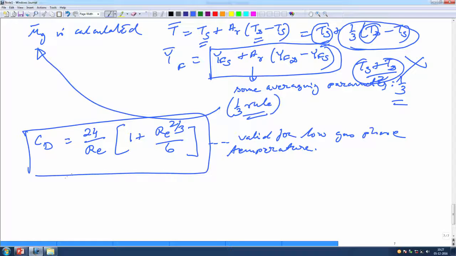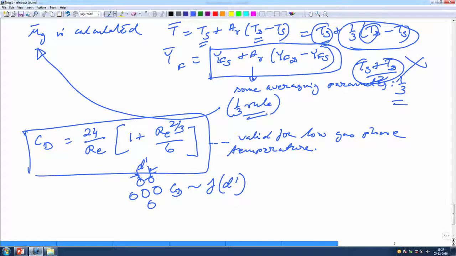Also, you should note that this is valid only for a single droplet. If we have a spray configuration, for example, in a spray the droplets are very close to each other, correct. So in that case CD will also be a function of the inter droplet spacing. Let us call that some d prime. So it will be dependent on that inter droplet spacing also, in some way, we do not know how. That is why it is very hard to measure the CD for a cluster of droplets, because you do not know how they are going to behave.